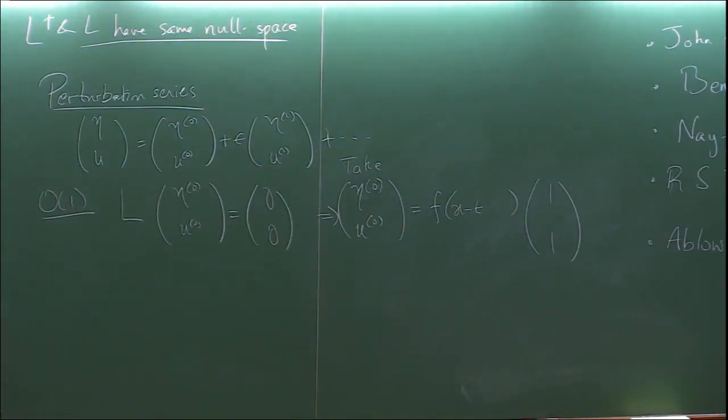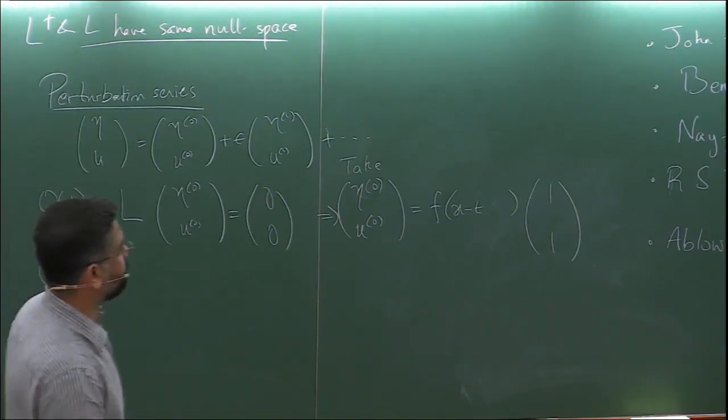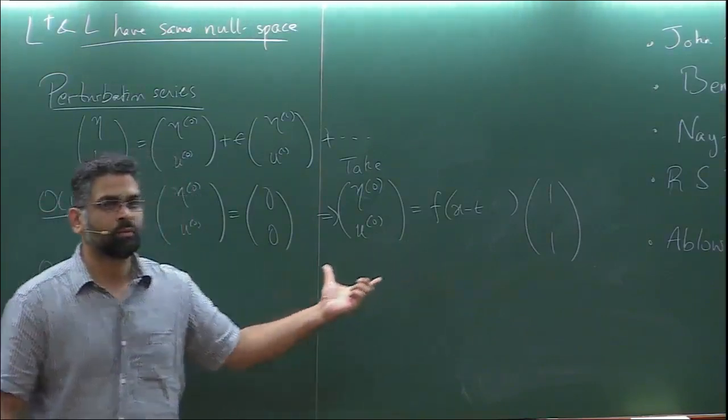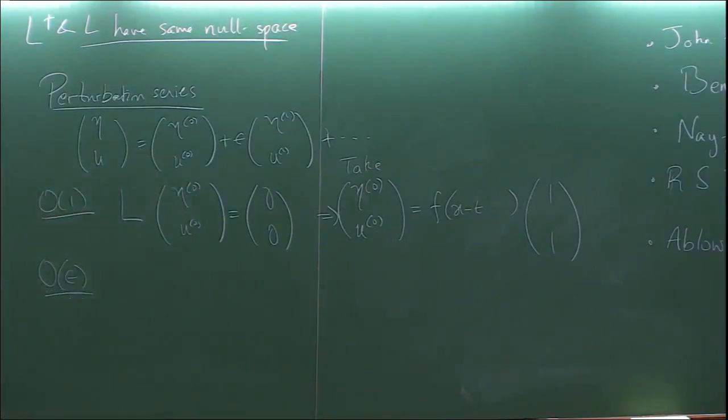Right? Now, as always, when I want to go to the next order, I have to set something that was a constant at the previous order to start depending slowly on time. What is constant at the lowest order? The shape of the profile, which is to say the initial condition for these guys.